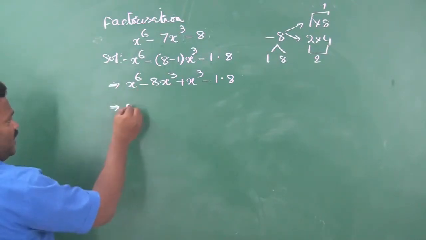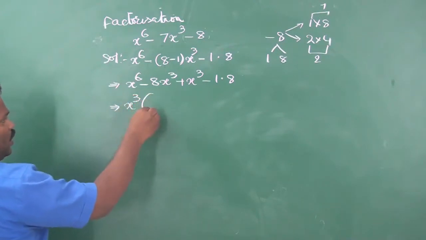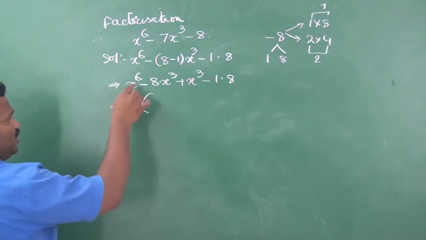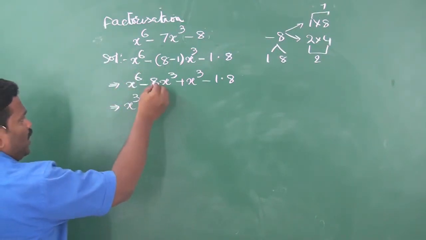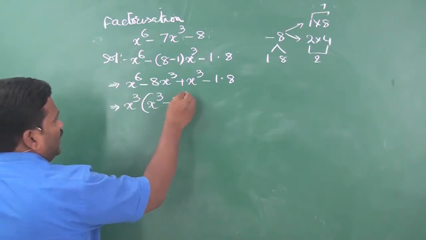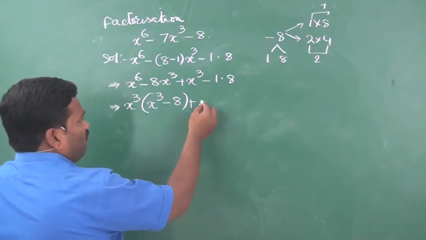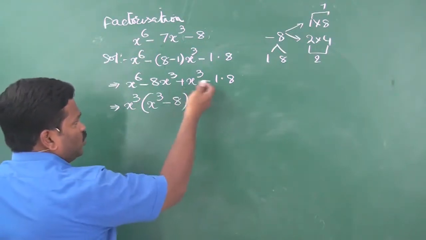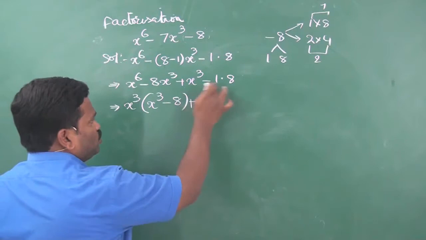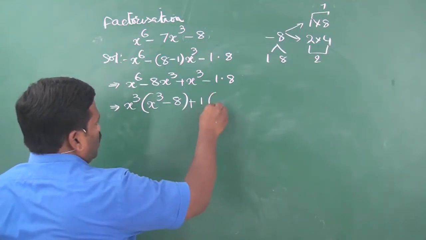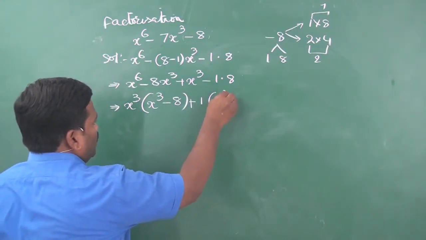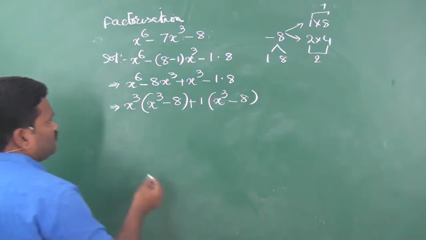We can take x cube common. If you take x cube common, here we have x cube and here we have minus 8. In these two, we can take 1 common because there are no other common terms. If you take 1 common, here we have x cube and minus 8.